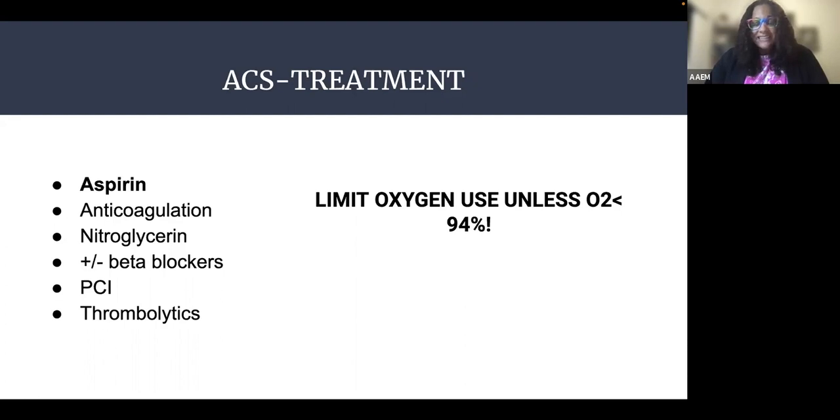If a patient is having a STEMI and there is no access to interventional cardiology for PCI within 120 minutes, then they're a candidate for thrombolytics. Very, very, very important. Limit your use of oxygen unless their O2 sat is less than 92%. Hyperoxia causes free radicals and actually has a negative impact on morbidity and mortality.